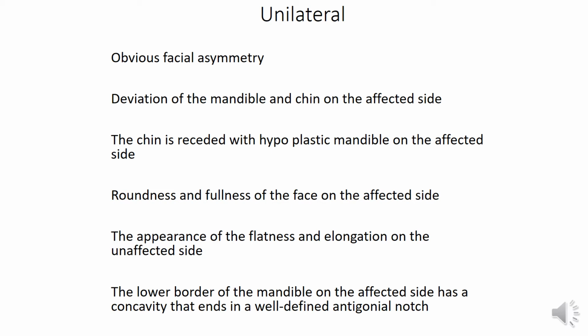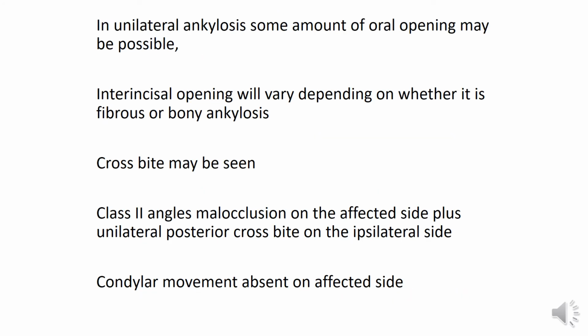The identification of unilateral is the affected side will look normal. So this is one of the points that has to be noted, that in a unilateral ankylosis, the affected side will look normal than the unaffected side. In unilateral ankylosis, some amount of oral mouth opening may be possible because of the movement of the condyle on one side.